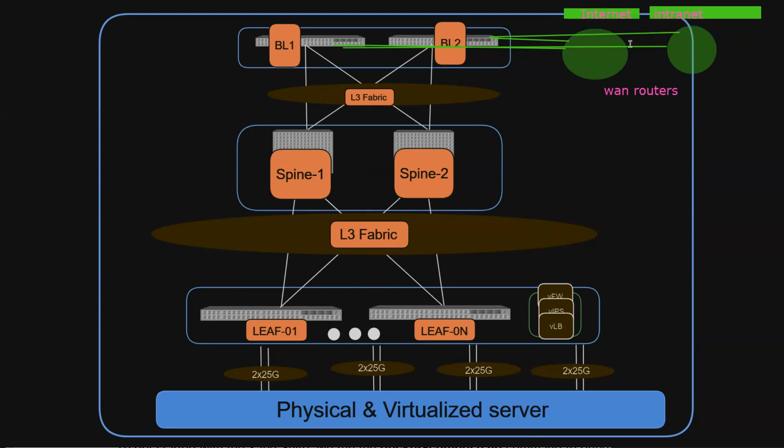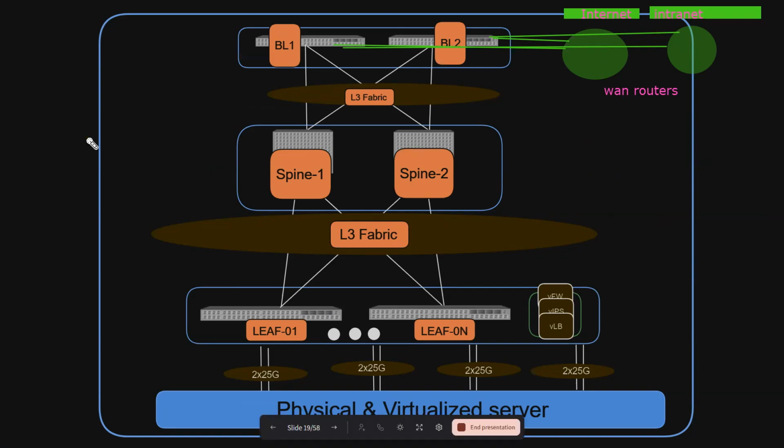Internet means you are going directly to public cloud. Intranet means you are going within your own branches, or data center to HQ, or data center to small offices and all. So further from WAN routers, you have internet connectivity and intranet connectivity, right? And that's the role we have with the WAN, the wide area network.